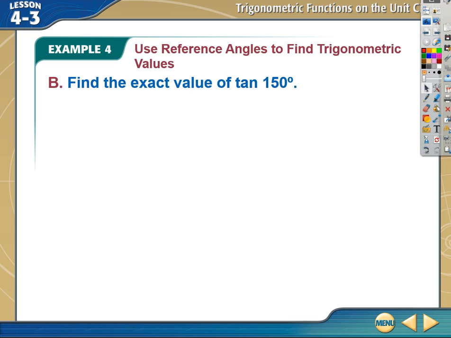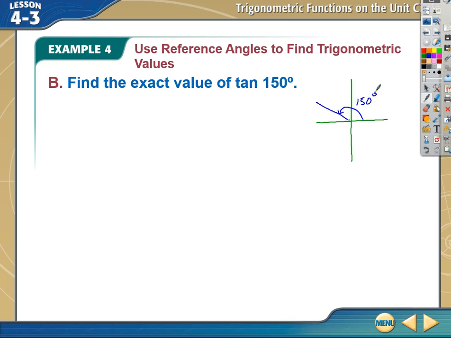Let's find the exact value of tangent of 150 degrees. All right. Tangent of 150 degrees. So again, I can help myself out here, kind of gauge what this is. I know that this is 150. There's 150 degrees.